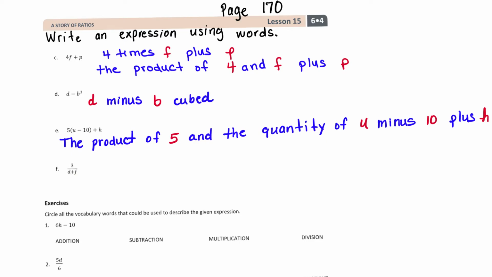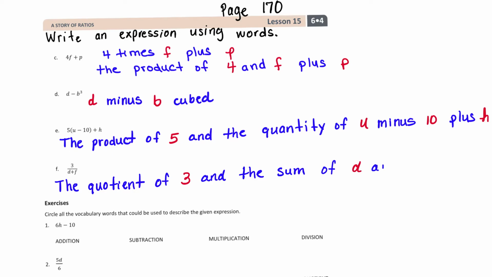So let's say the quotient, meaning the division, the quotient of 3 and the sum of d and f. Look at it one more time.